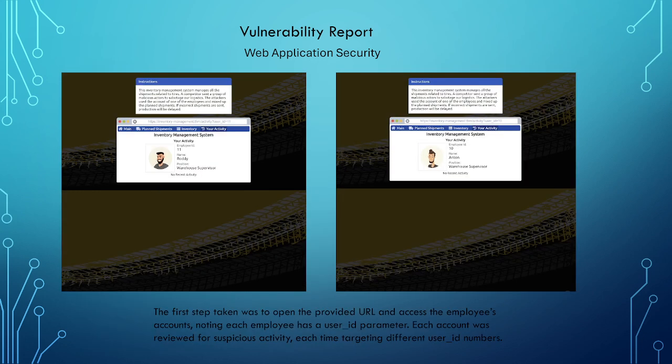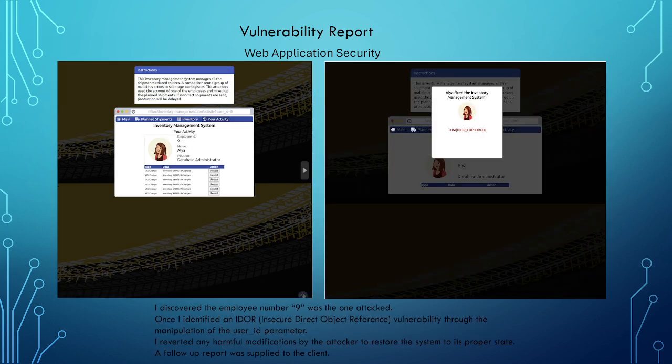The first step taken was to open the provided URL and access the employees' accounts, noting each employee has a user ID parameter. Each account was reviewed for suspicious activity, each time targeting different user ID numbers. I discovered employee number 9 was the one attacked.